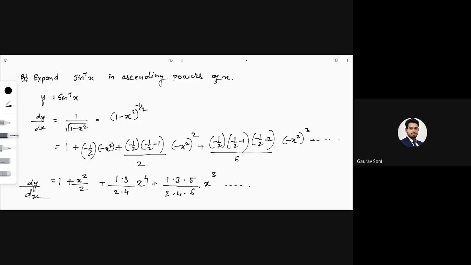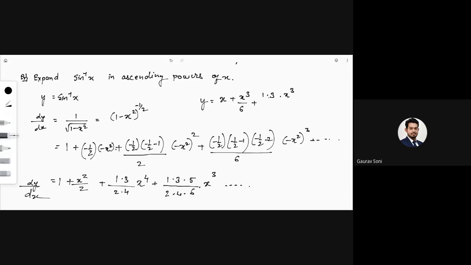So what do we have? Y will be equal to x plus x cube divided by 6 plus we'll have 1 into 3 x cube, 4 4 16, we will have 4 6 4, 4 4 16 will get cancelled out, 2 4 5.